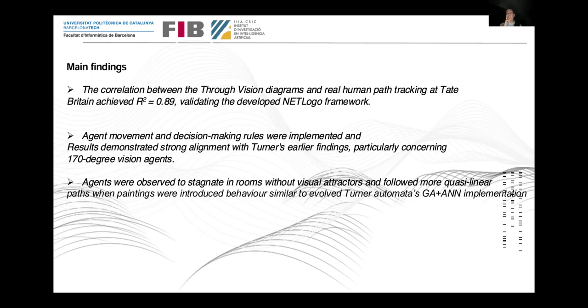So, main findings, just for finishing. The most important finding for us was that we were able to validate, through the correlation obtained, that our platform was obtaining a similar one to the one obtained at the very beginning by Turner, and also that the behavior of the agents, once the attractors and the method of passing were established, was starting to be close to one of the guesses the author was proposing regarding the automata ANN implementation.